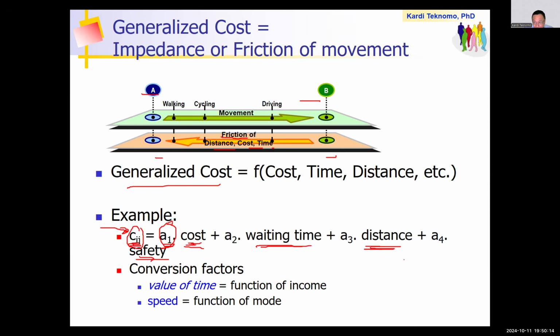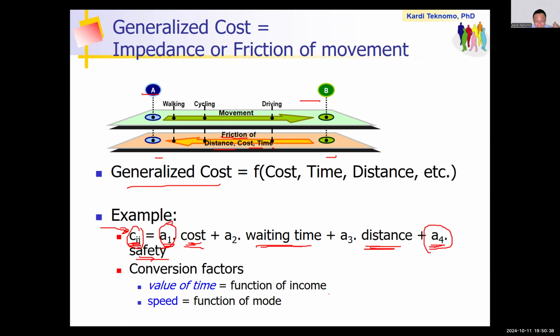This A4 must be the value of safety. How much pesos or US dollar per certain value of safety. Safety can be a scale, an ordinal scale from 1 to 10, for example, or 1 to 100. Then this represents the gradient.